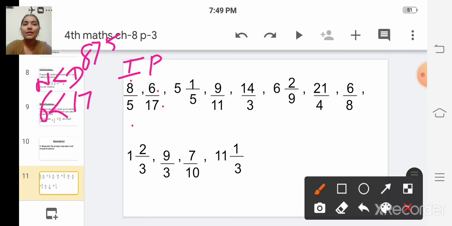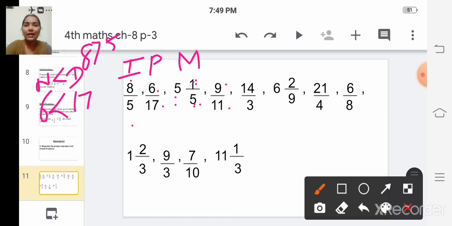And look at the next fraction, 5 1 by 5. So it is made up of a whole number and a proper fraction. So it is a mixed fraction, isn't it? So I write here M. M for mixed fraction. So the next one, 9 by 11.